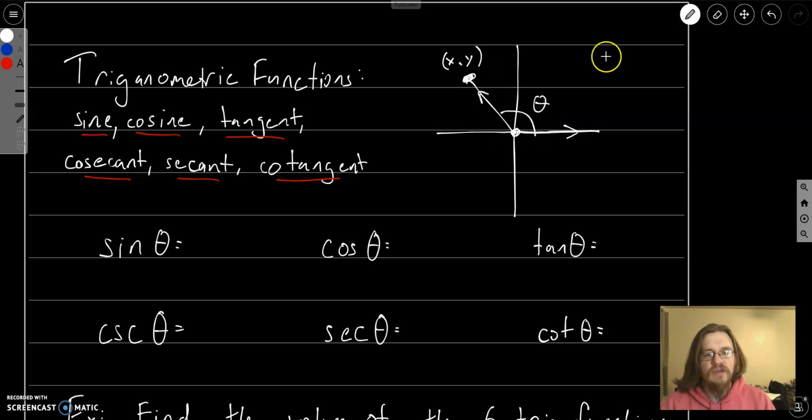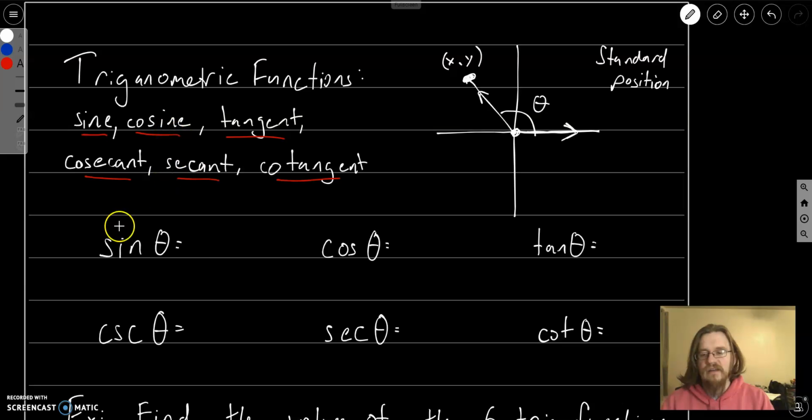And when we have an angle and we put it in standard position, this means that the initial side is along the x-axis, and the terminal side is going to be elsewhere. In this case, we're going to consider the terminal side to be the line between the origin and the point x, y.